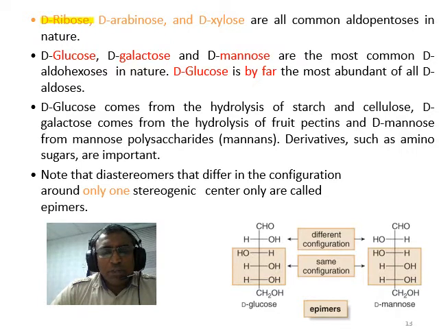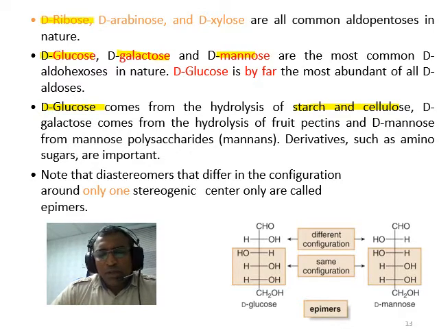Remember, this is the sugar found in the nucleic acid RNA, and once it's converted to deoxyribose, it will be found in DNA. Then you have the very, very popular one, D-glucose. It's so much utilized in your body, therefore it's referred to as blood sugar. You also have others, galactose, mannose, and where they come about in starch, cellulose, and fruit pectins, and so on.